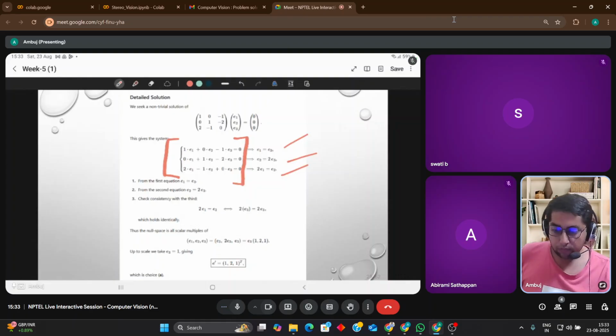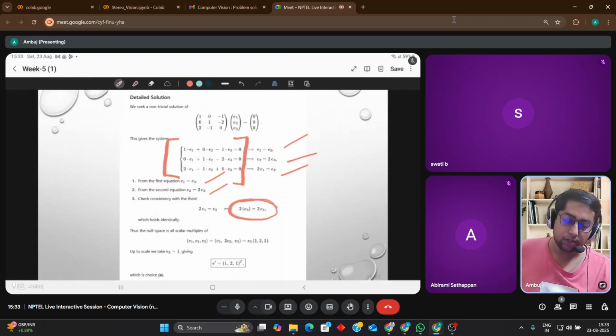From the first equation you get E1 equal to E3. From the second equation you get E2 equal to twice of E3. And from your third equation, 2E1 equal to E2. If you try to substitute the value of E1, you will get the same thing, and so all the equations are consistent.